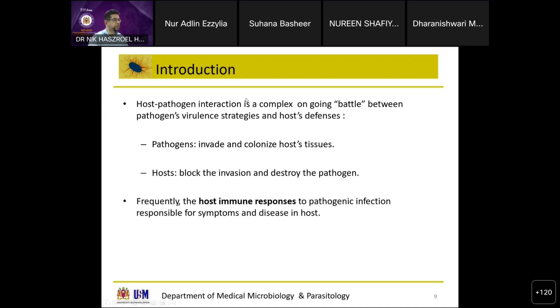The pathogen wants to survive, they invade, they establish their colonies, and the host has to block this invasion, and they have to destroy the invading pathogens. So frequently, the host immune response to the pathogen interaction is responsible for the symptom and disease in the host. The symptoms and signs you get is because of this interaction, the host immune response to the pathogen.